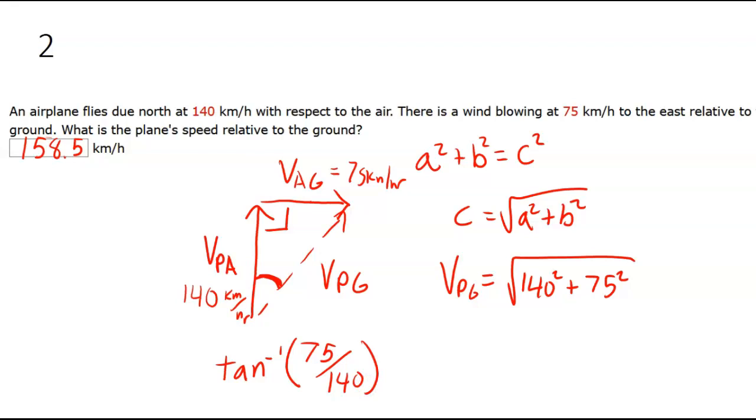Make sure that you are in degree mode. And that would be 28 degrees. But I have to say, in relation to what? Well, it's making an angle, right? And my vertical axis is north, so I'd say east of north.